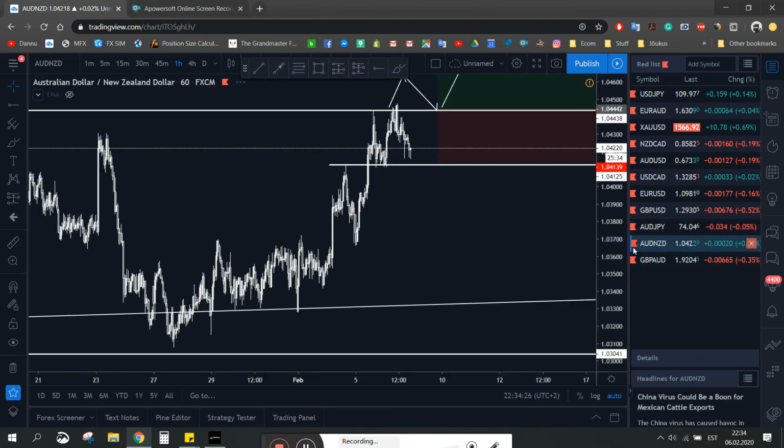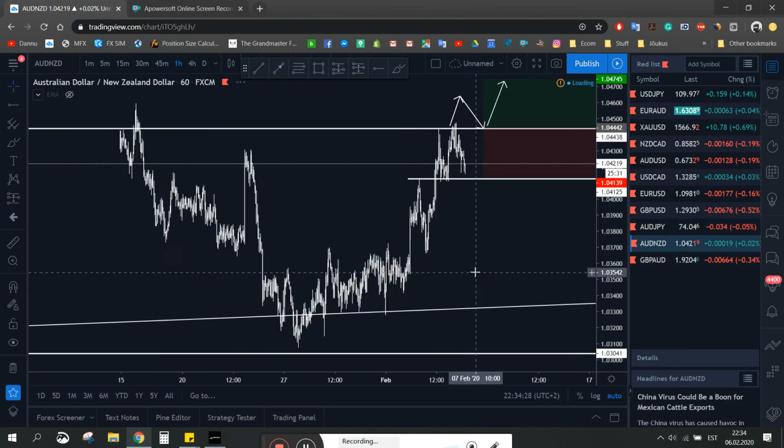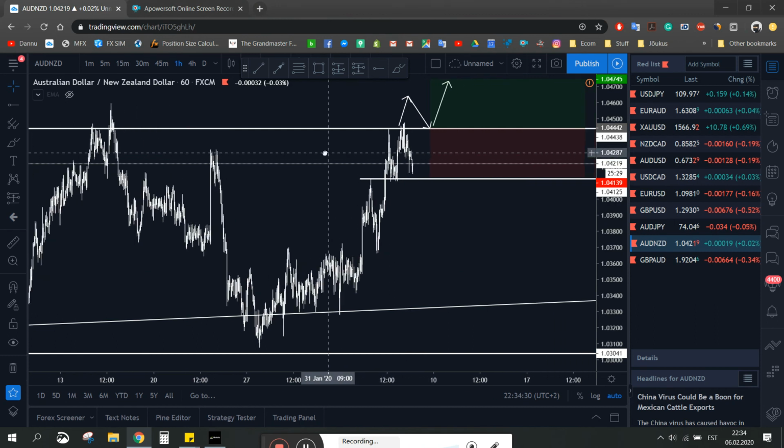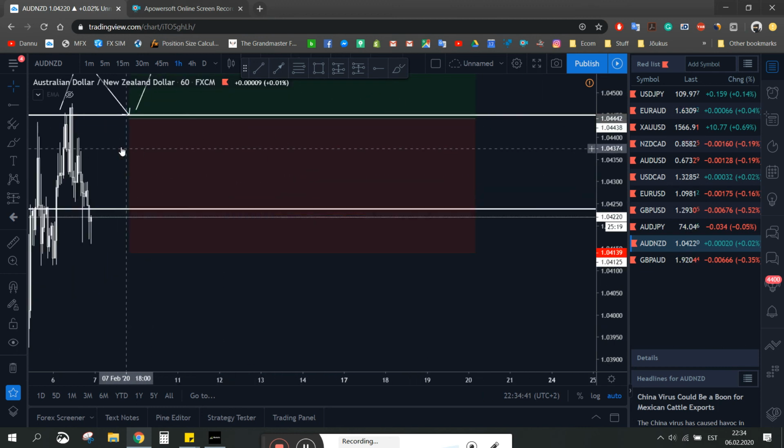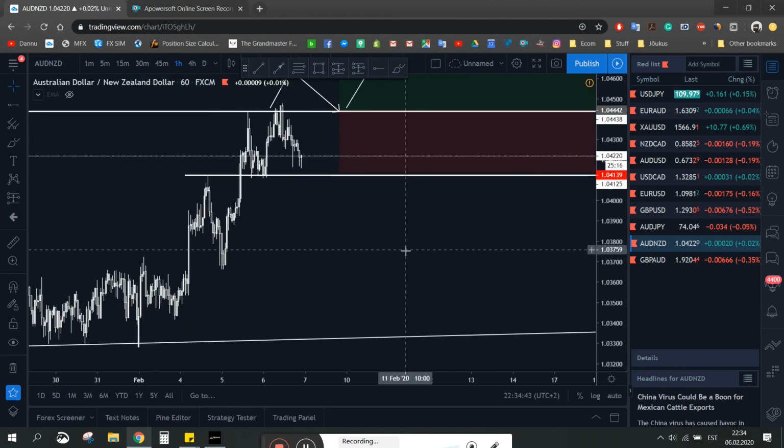Anyway, NZD. Okay, this didn't end up doing what I thought it might be doing. Kind of did, but at a different level. So price was over here when I drew these lines.